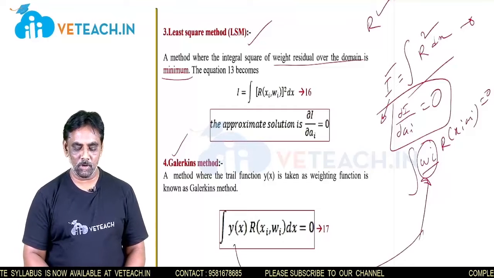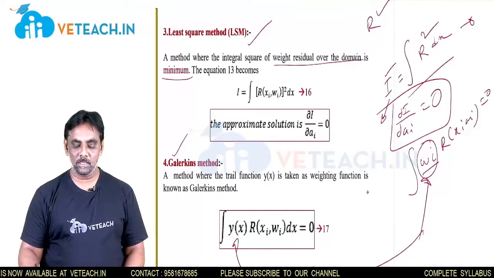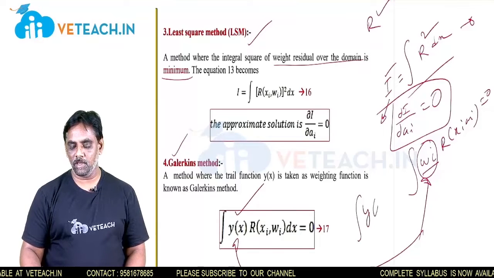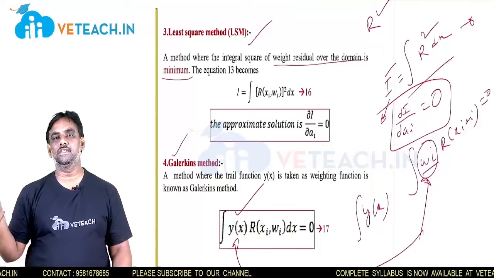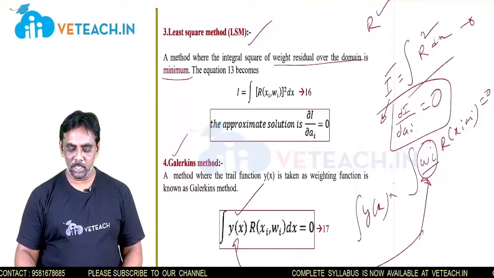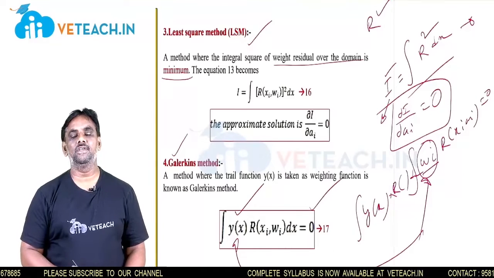That is the reason it is called the Galerkin method. Instead of a weighting function, a polynomial function is assumed, that is y of x, where y is equal to a1 plus a2x plus a3x squared, it may be anything. That polynomial function will be taken, multiplied by the respective residual, and the integration will be set to 0.